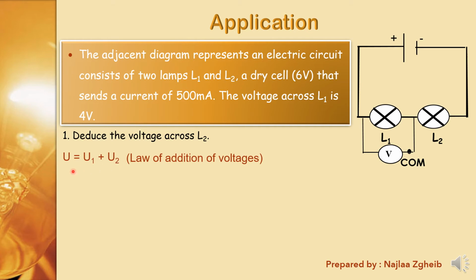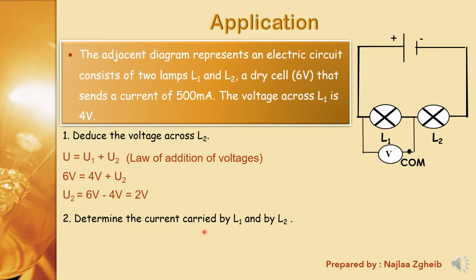U is the voltage across the dry cell, U1 the voltage across the lamp L1, and U2 the voltage across the lamp L2. U is 6 volts, equal to U1, which is 4 volts, plus U2. I want to calculate U2. So U2 equals 6 minus 4 equals 2 volts. This is the voltage across the lamp L2.